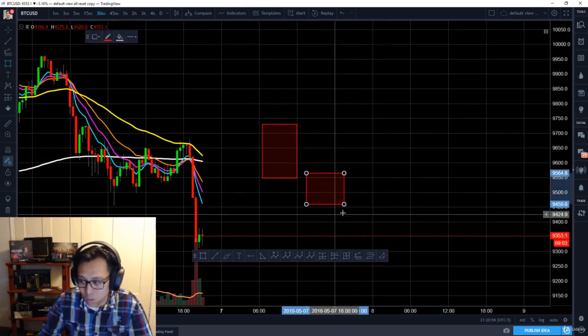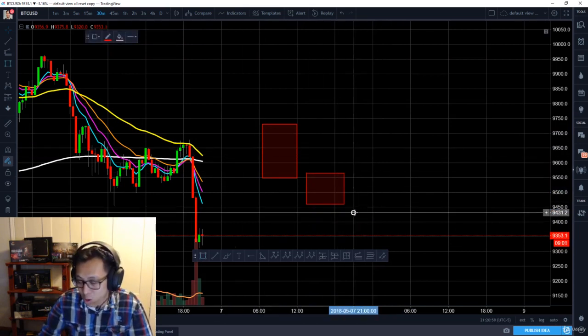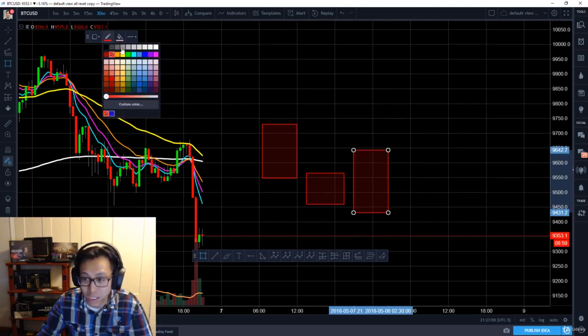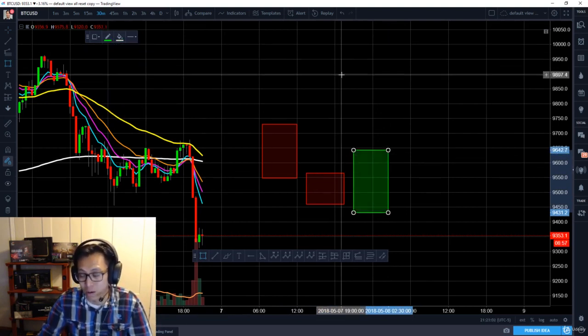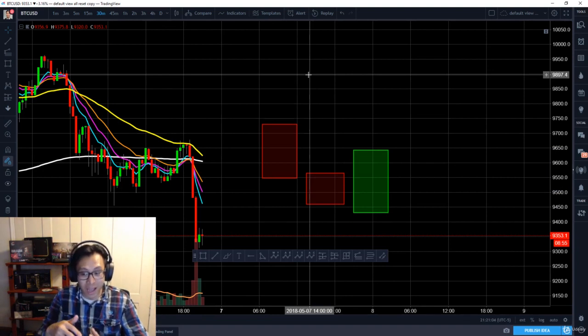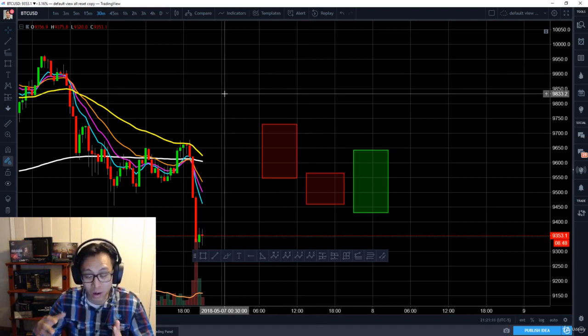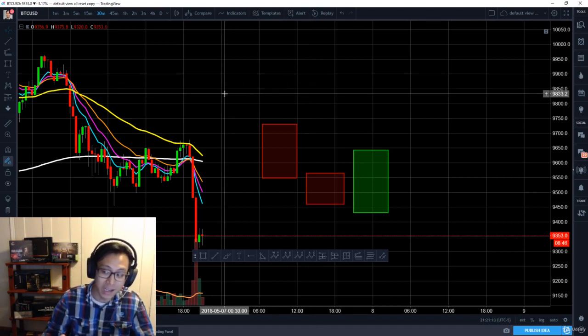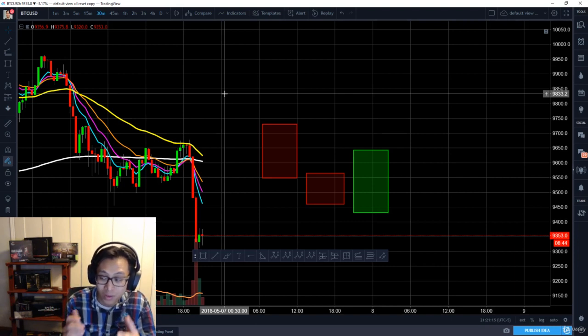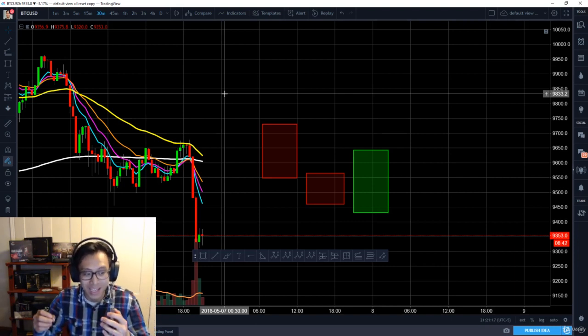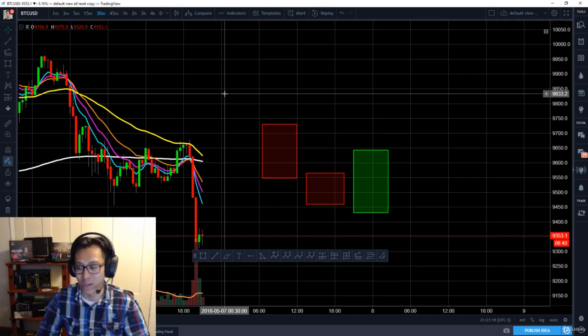And let's say the next one here is a really large green candle that's much bigger than the previous red candle. This one is called the bullish engulfing candle. The reason it's called an engulfing candle is because it's eating up the previous candle. Think of it as a much bigger candle that's actually just devouring it. So that's how I see it.